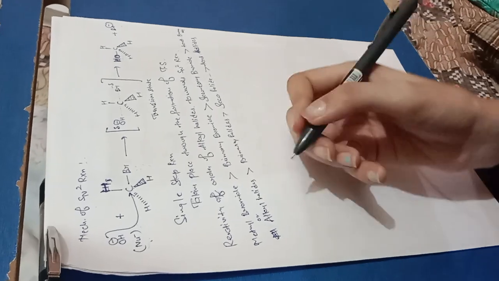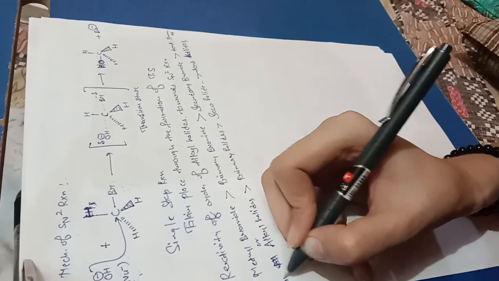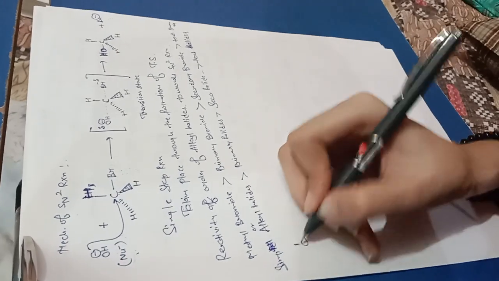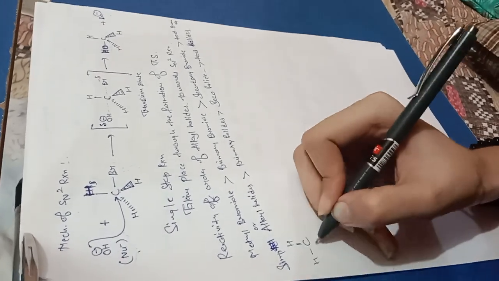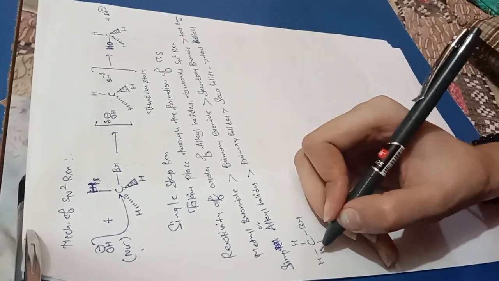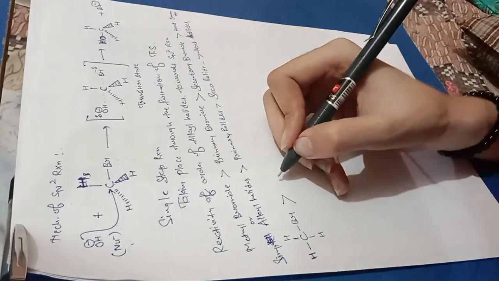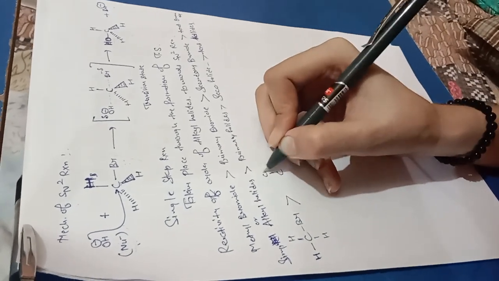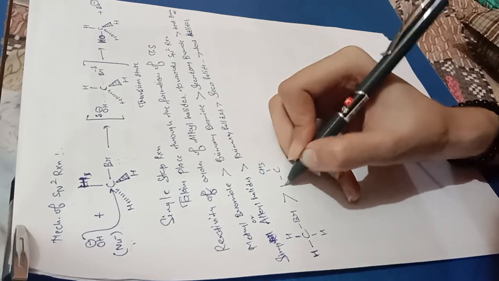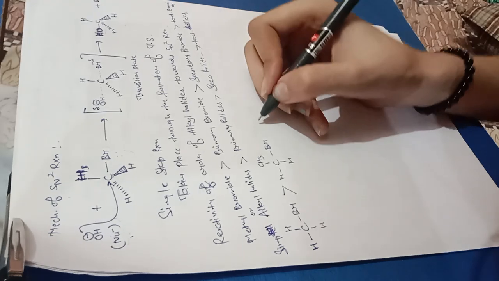Now why is it so? In the case of methyl bromide, there are only 3 hydrogen atoms, but in the case of primary there is 1 methyl group.